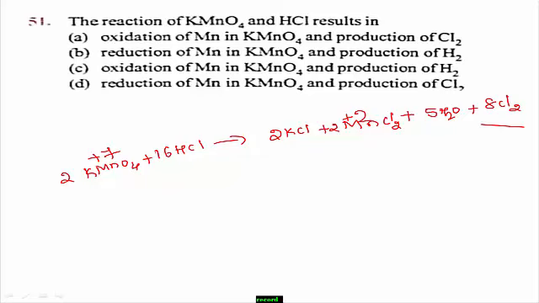Therefore, which one is the right answer? Plus 7 to plus 2 means a decrease in the oxidation state. Therefore, reduction takes place here. Yes, reduction of Mn in KMnO4 and production of Cl2 is the right answer. So option D is the right answer.